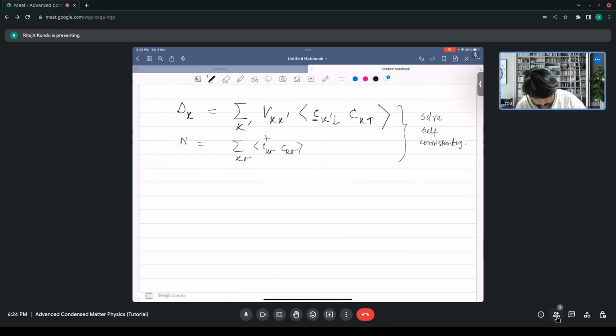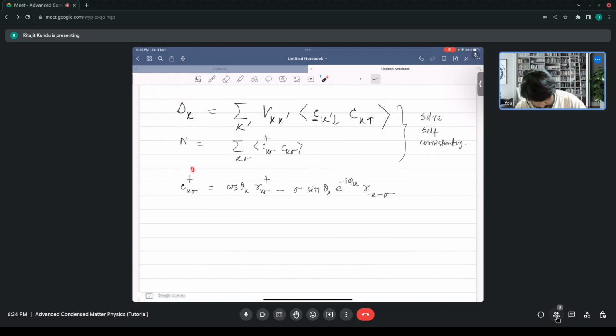So Ck, let's say Ck sigma dagger is given by cosine of theta k gamma k sigma dagger minus sigma sine theta k phi k and this k minus sigma.